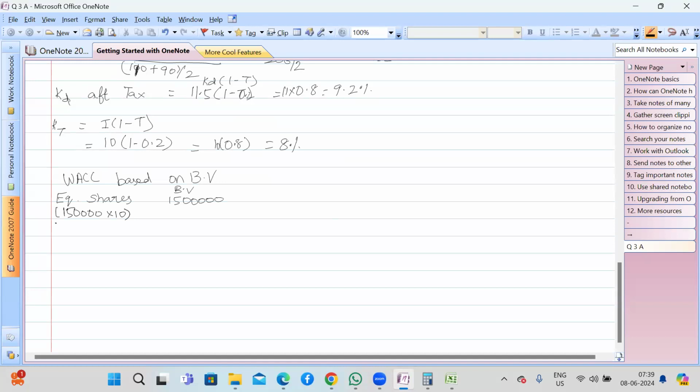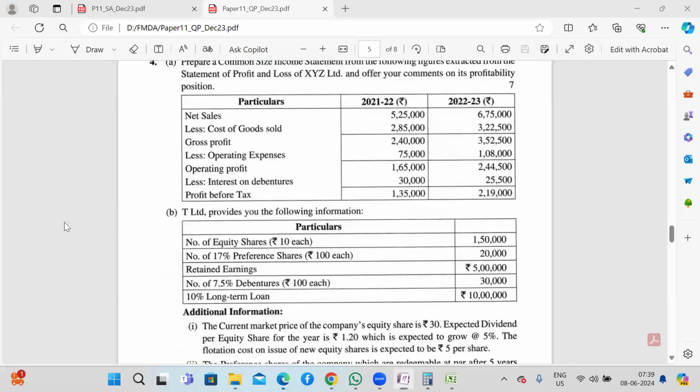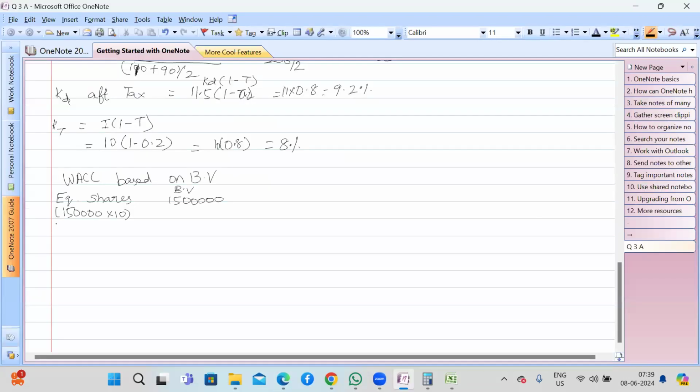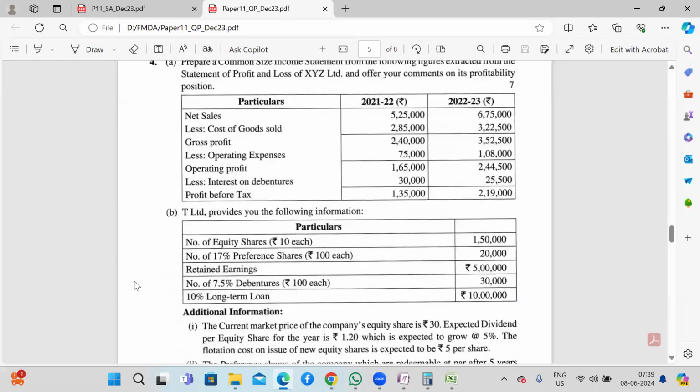Then I have preference shares, that is 20,000 into 100, which is 20 lakhs. Then retained earnings, 5 lakhs.